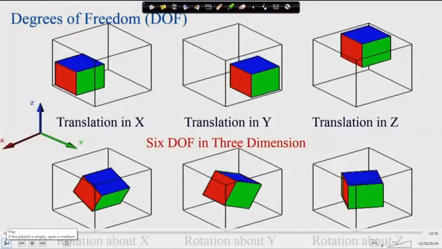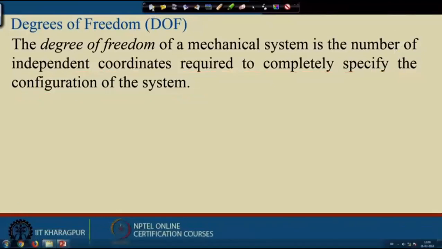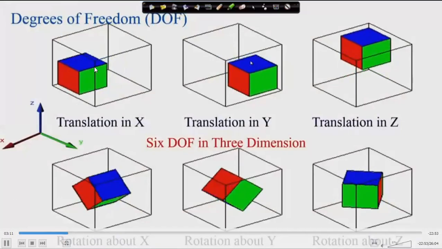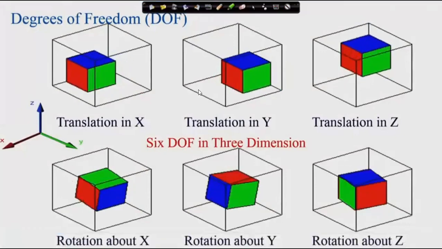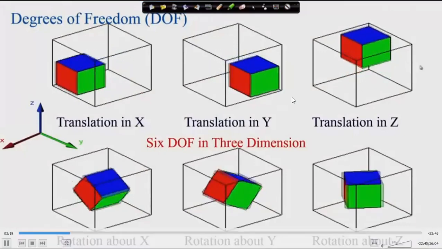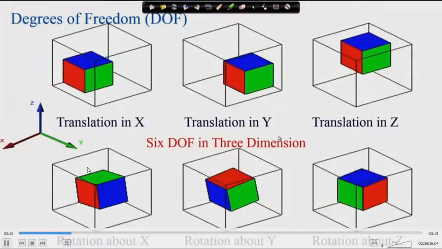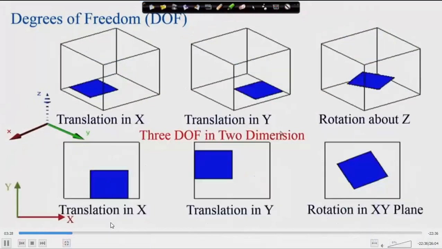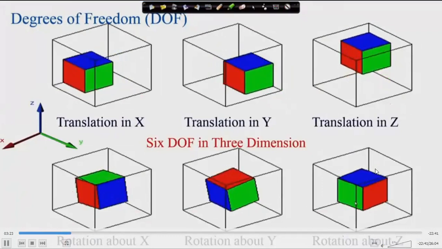So if you consider an object in three-dimensional space, you can see here it can translate in the x direction, linear translation in the y direction, and linear translation in the z direction, as well as rotate about x, this is the x-axis, rotate about y, and rotate about z.